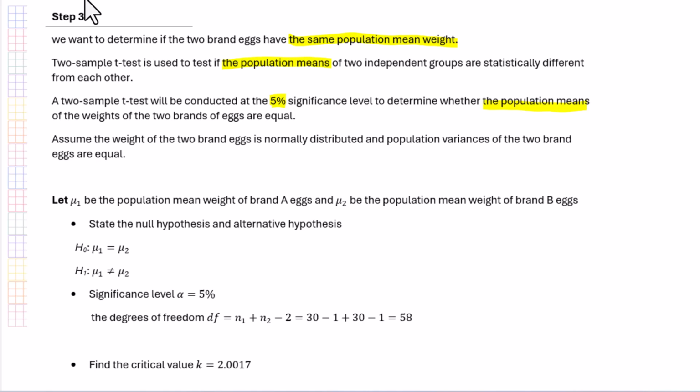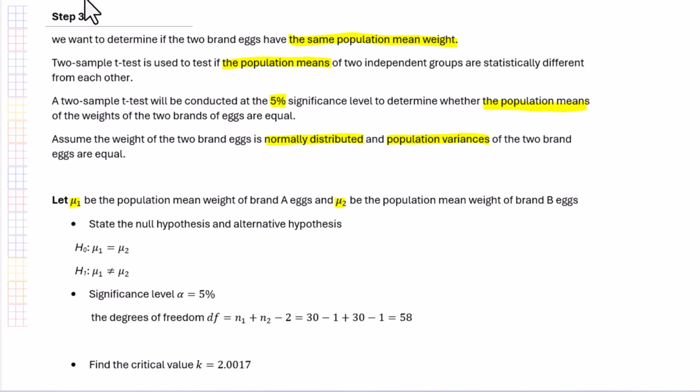Assume the weight of the two brand X is normally distributed, and population variances of the two brand X are equal. Let mu1 be the population mean weight of brand AX, and mu2 be the population mean weight of brand BX.